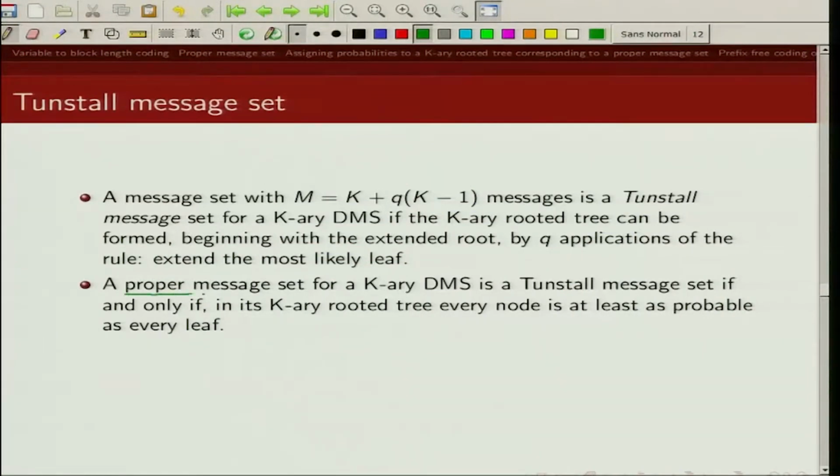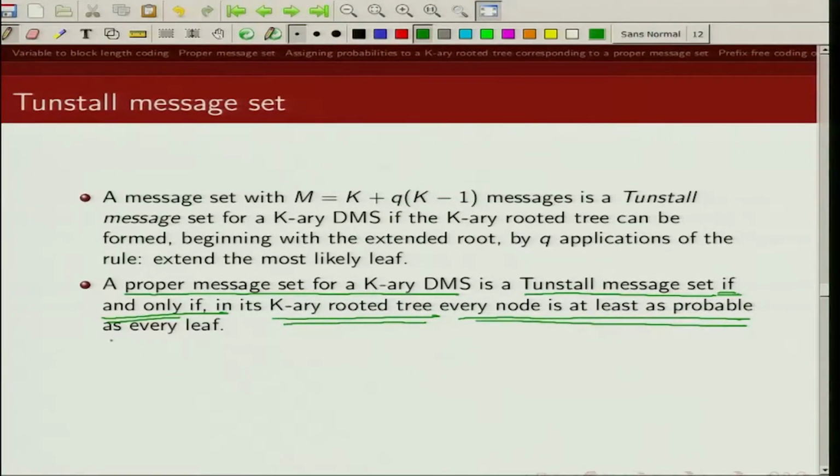So a proper message set of a K-ary discrete memoryless source is a Tunstall message set if and only if in its K-ary rooted tree every node is at least as probable as every leaf. Why would every node be at least as probable as the leaf?